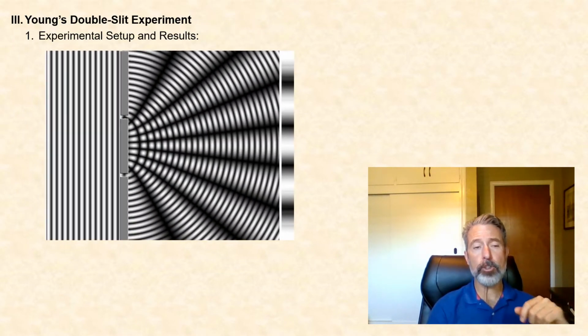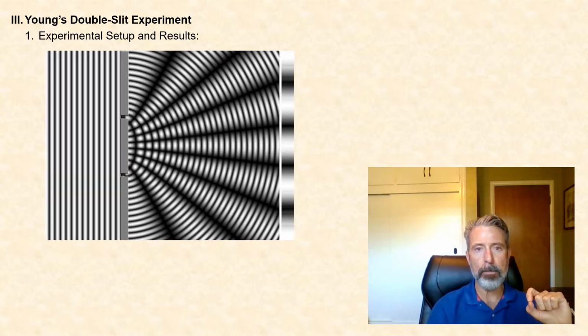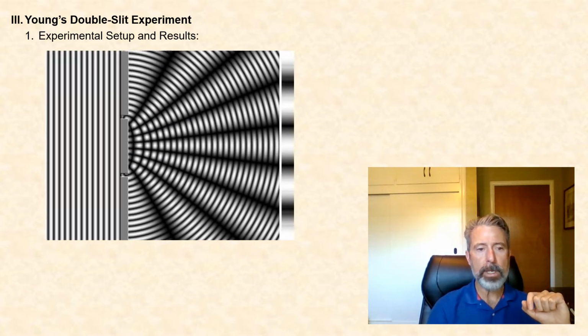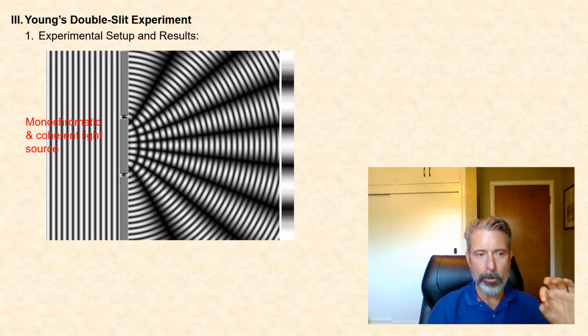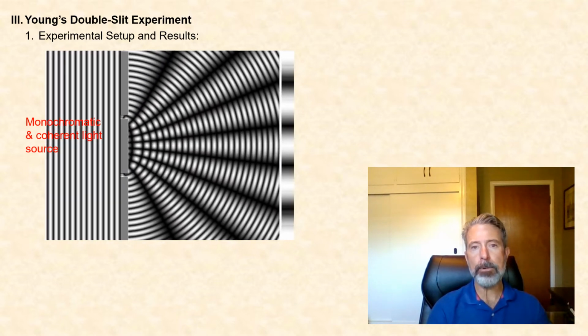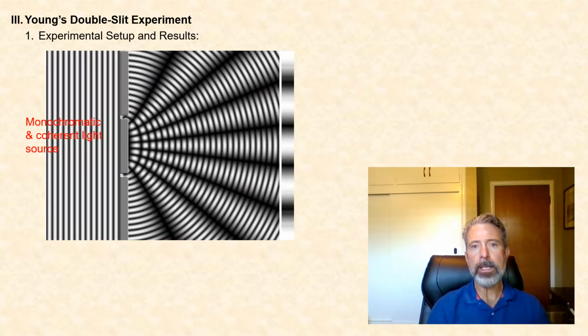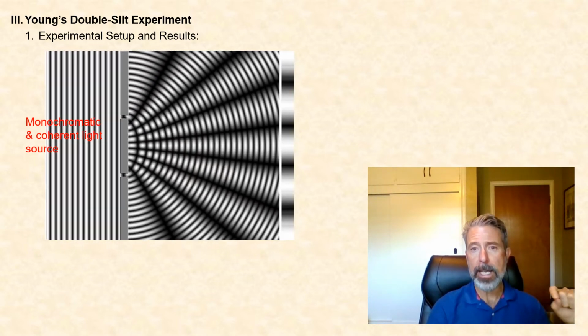What you see on your screen here is a simulation of Young's double slit experiment. We start on the left-hand side by noting that we have a monochromatic, coherent light source, like what would be produced with a laser. If you look at your notes, I think I included a collimator.